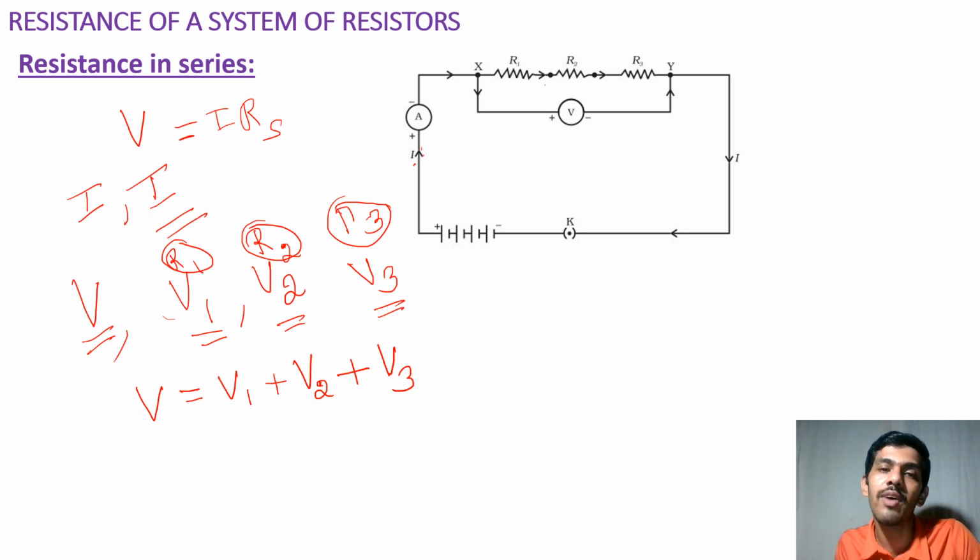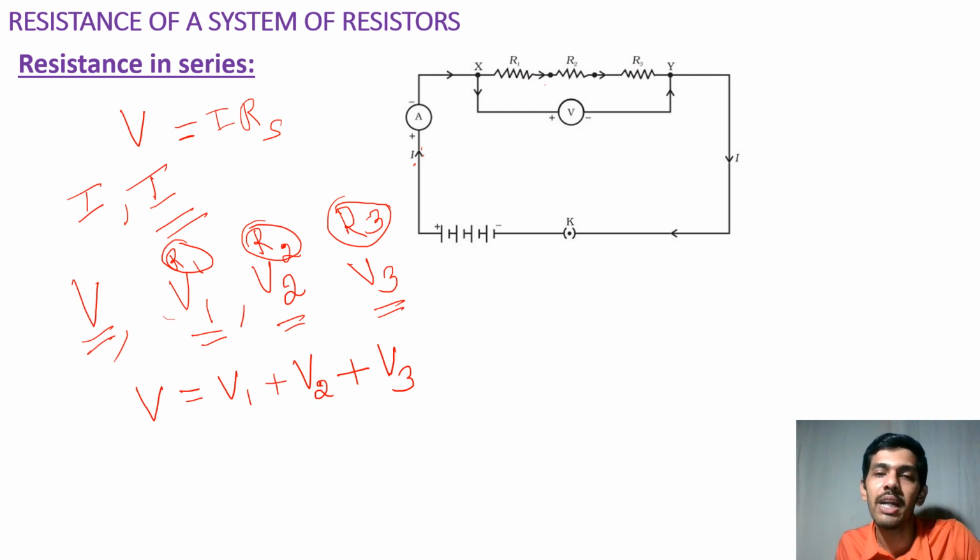So this value I will obtain. That means finally I end up getting what? The main potential difference V across the combination is equal to the sum of the potential differences across the individual resistors. Now apply Ohm's law for each of the terms.